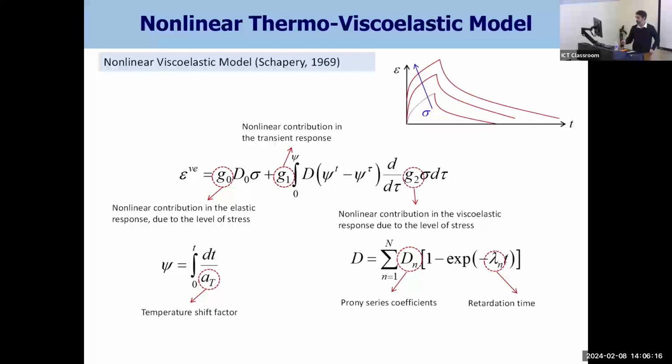There are some nonlinear parameters there, for example G0, G1, and G2. And then we look at D, which is the compliance, and we have D and lambda n as the Prony series parameters. So this is basically the viscoelastic component.